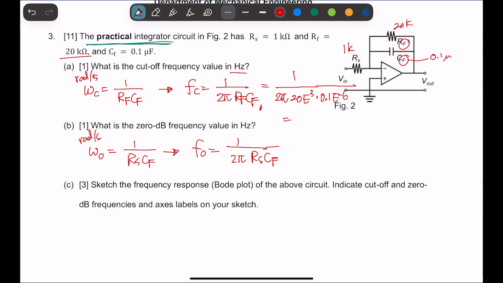So if you do the math, you may get something. I'm not really sure. I think it was like 80 hertz, something like that. Don't trust the number here, but I believe it was around there. And this is going to be around 1600 hertz or something like that. Okay? So that's how we obtain these values.